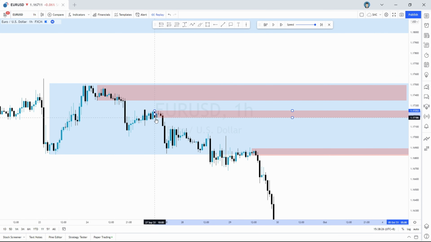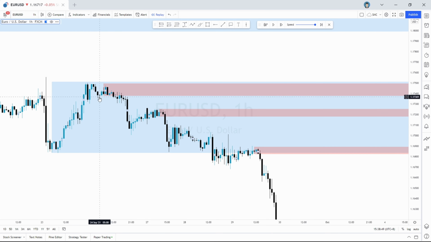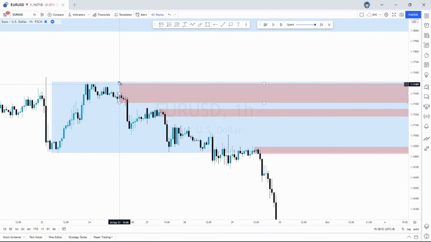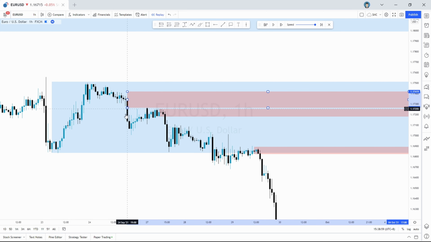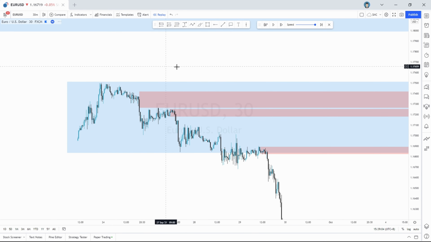Same one here, unmitigated one followed by imbalance, beautiful. And another one here. We can remember this was a mitigated one, right? So if we look for unmitigated ones, we can see one over here. This one technically got mitigated, but if we look on lower time frames, it's going to look like somewhere here since there's a wick. Now we can go to the 30-minute.